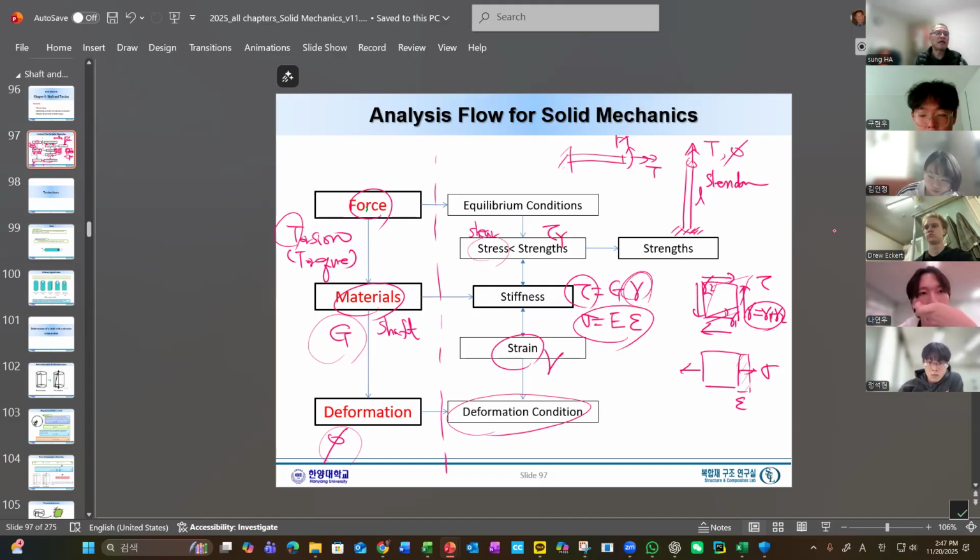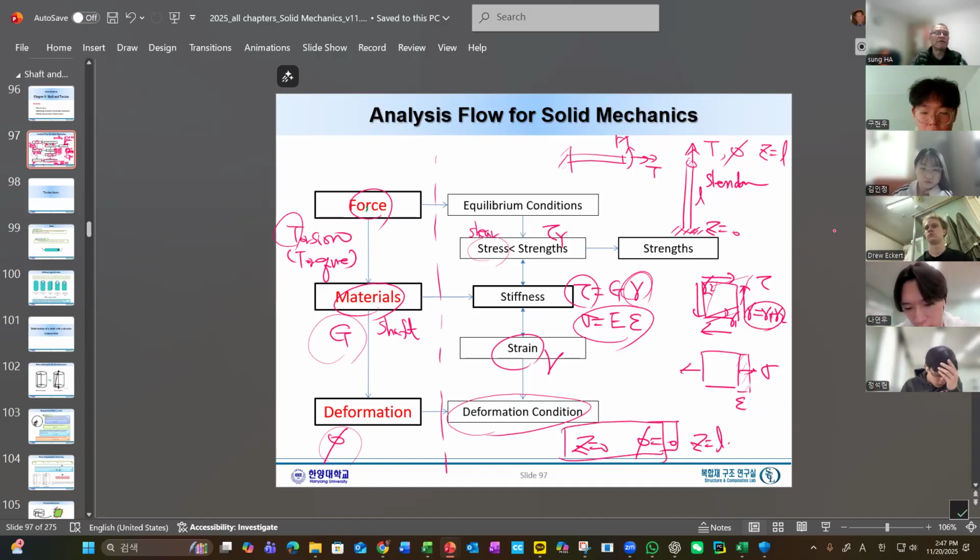Then there is a deformation condition. Let's say, with respect to z equals 0 and z equals L: at z equals 0 there is no rotation, and at z equals L there will be a certain rotation. So this will be the deformation condition.